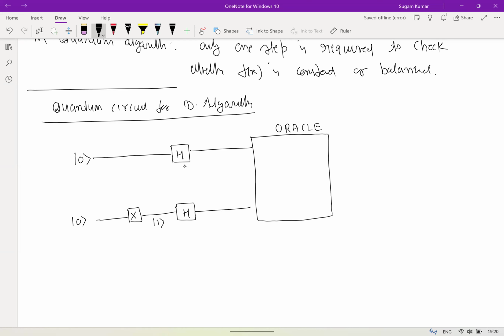In the oracle, X is the input. It is a binary input. And this Y is also binary, but we call it the auxiliary qubit.